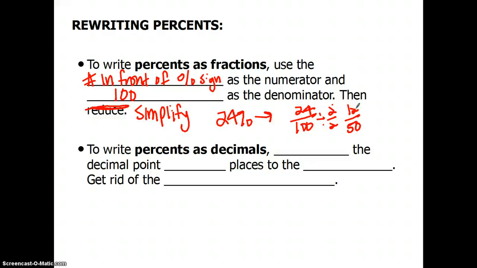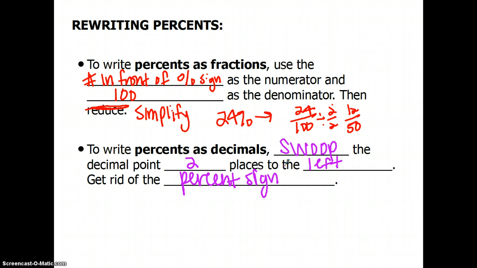To write percents as decimals. Now we're going from percents to decimals. We swoop the decimal point 2 places to the left, and then we get rid of the percent sign.